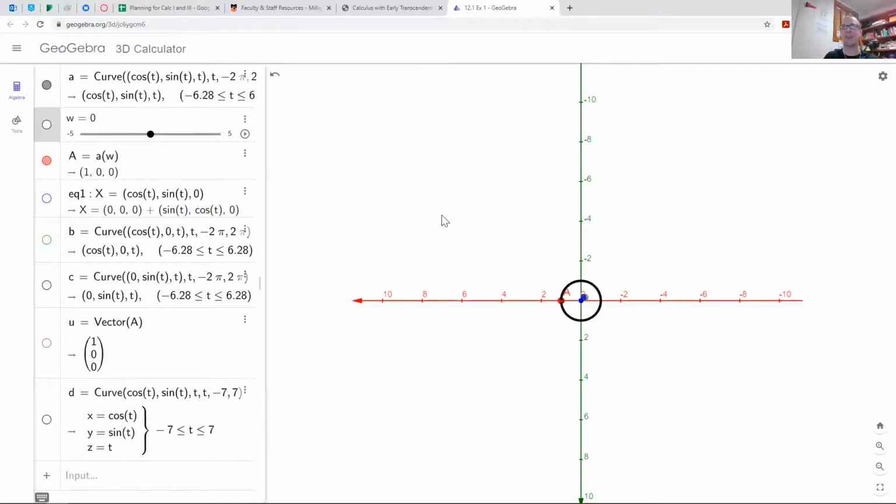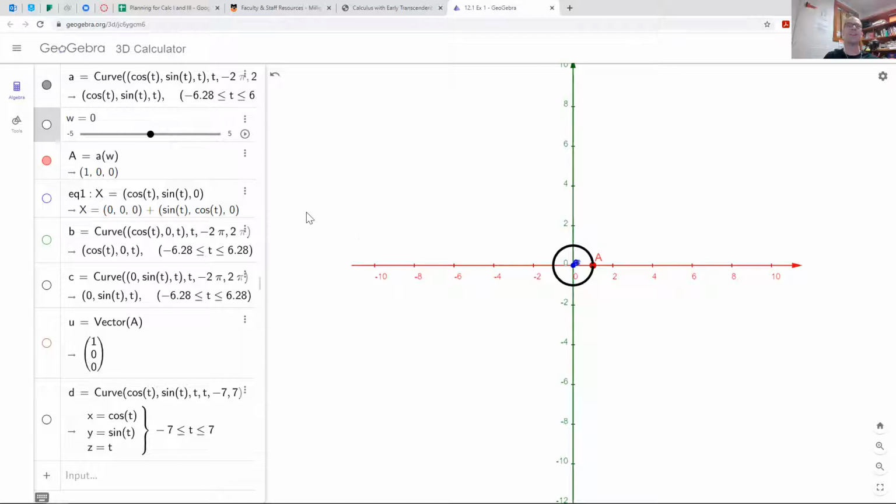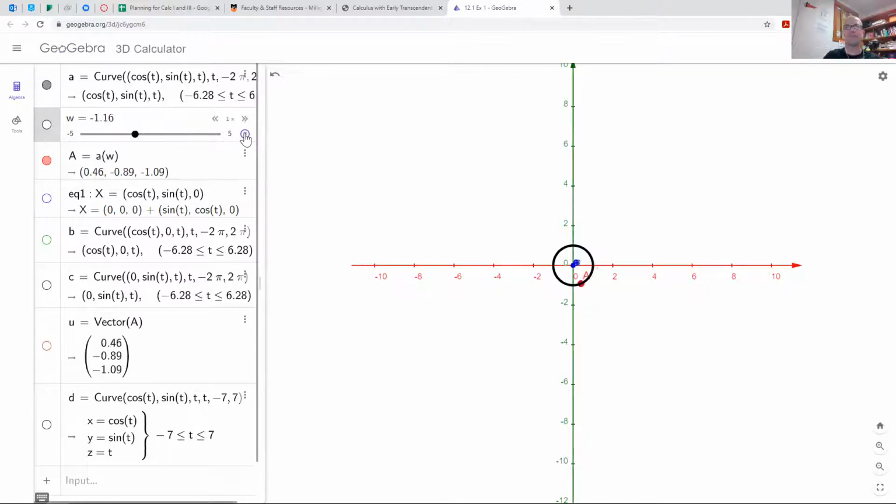Oh, that's the positive x direction. I bet I should, there we go. We can switch it. That looks like an xy plane. And then, okay, it's going backwards, but yeah, you would see this just travel around the circle as the value of t changes.